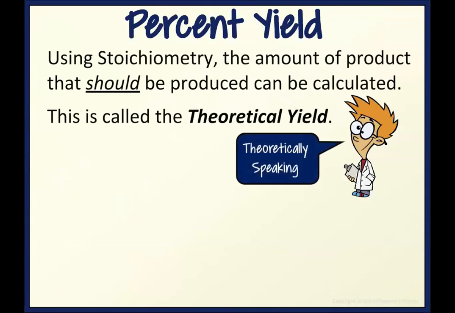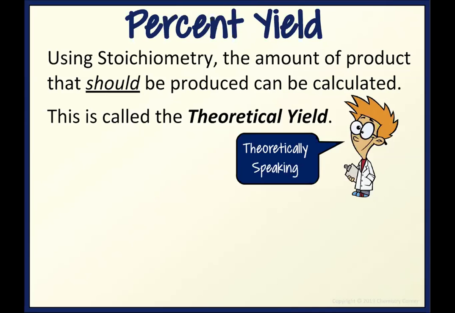Using stoichiometry, the amount of product that should be produced, that's what we've been finding out so far. We say, okay, we have this much of our stuff that we're going to use in our chemical reaction, and how much should be produced of our product. We can calculate that.